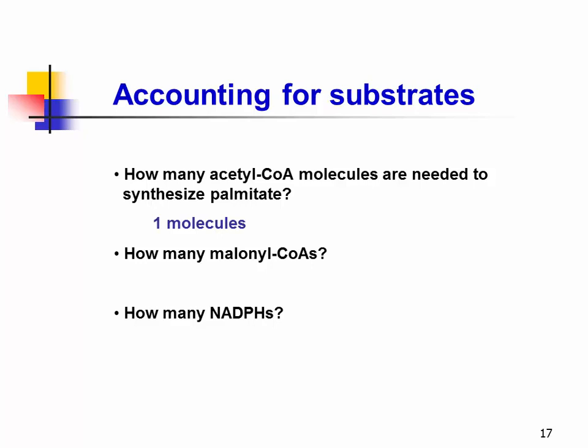So what I'm saying here is the molecules that directly enter the fatty acid cycles. One molecule of acetyl-CoA is needed, and how many malonyl-CoA for 16-carbon palmitate fatty acid synthesis?